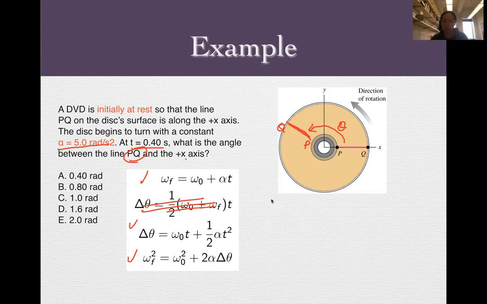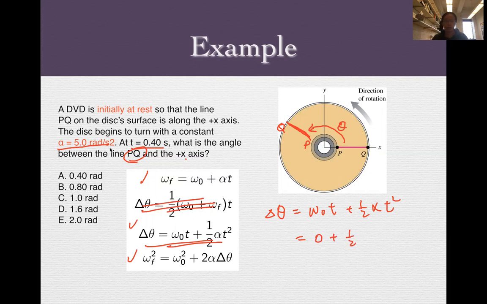Since I want to find the angular displacement, I will start from the x-t relationship. This equals the initial velocity term plus this. The disk begins to turn, which means the initial angular velocity is 0.